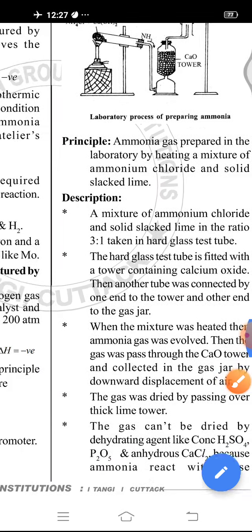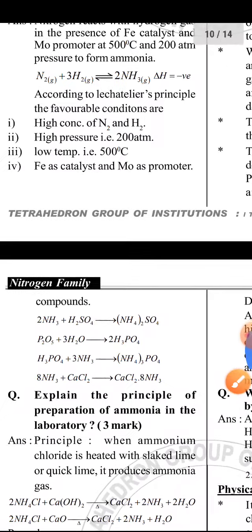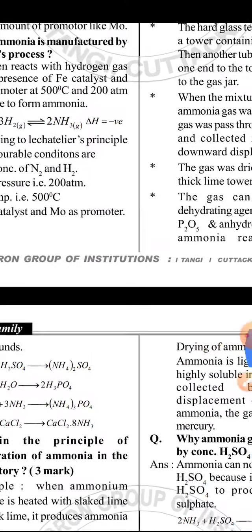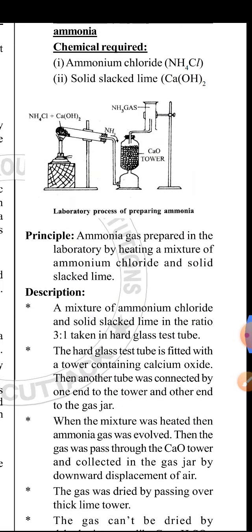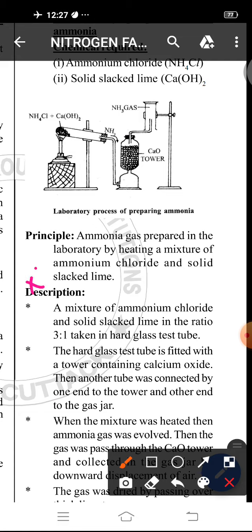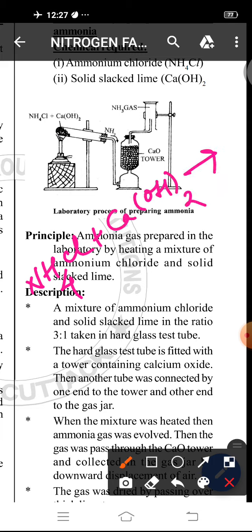You can see the equation: ammonium chloride reacts with calcium hydroxide, forms calcium chloride plus ammonia and water.